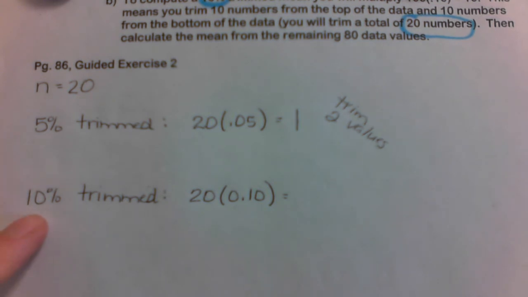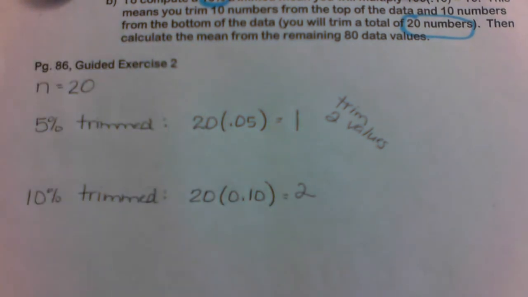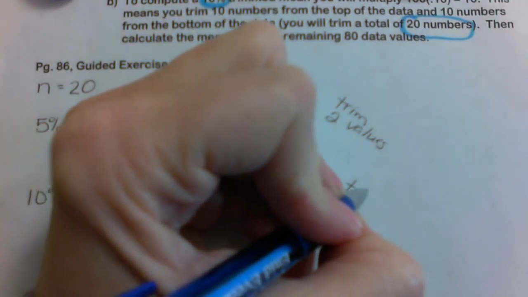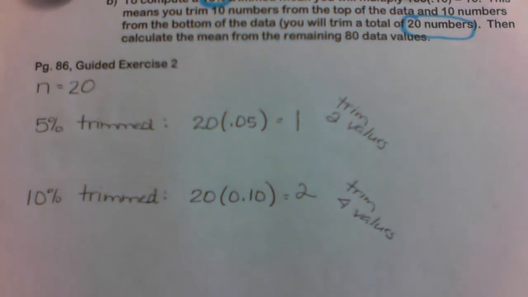If you were asked to find the 10% trimmed mean, you would take 20 times 0.10, and you get 2. Now again, be careful. That means you're trimming the 2 smallest values and the 2 largest. So you're actually going to trim 4 values, which means you take the remaining 16 numbers, add them all up, and divide by 16.